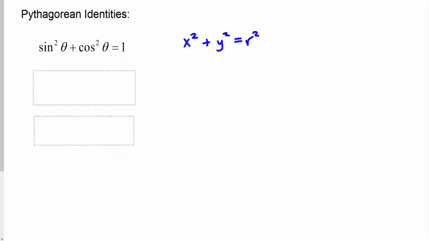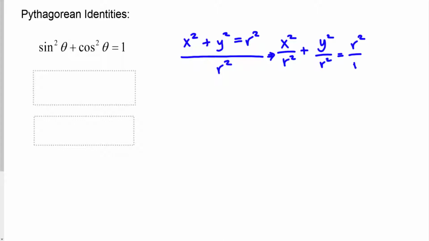Now, if I divide everything through by r squared, then what happens is I get x squared over r squared plus y squared over r squared equals r squared over r squared.